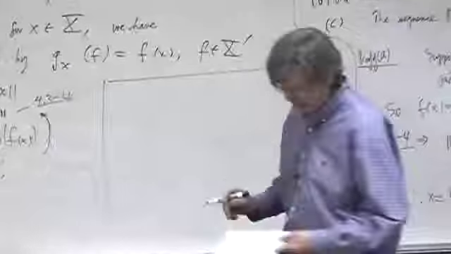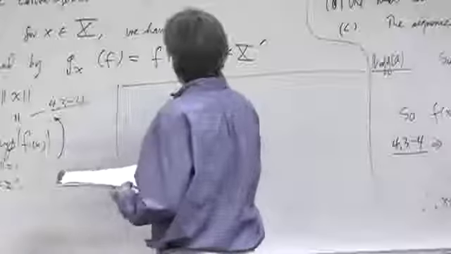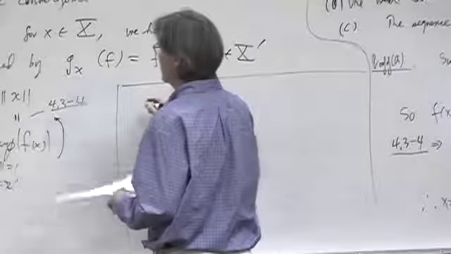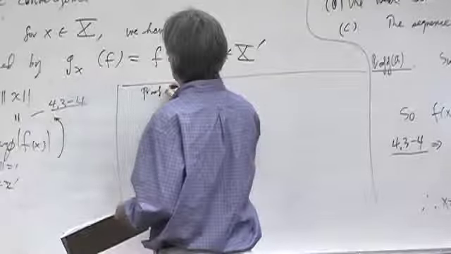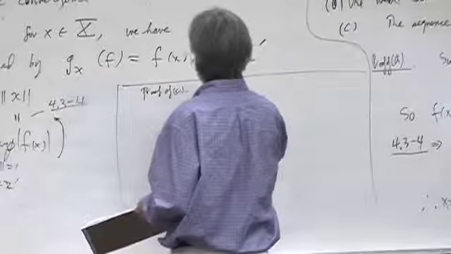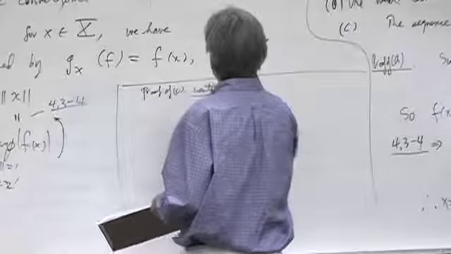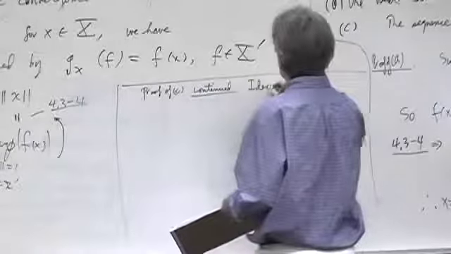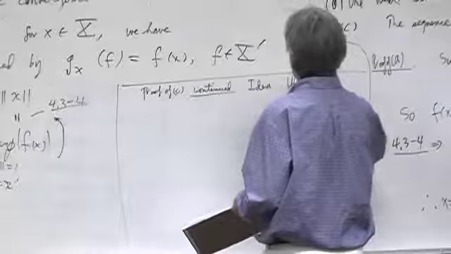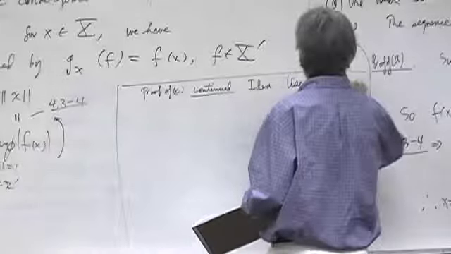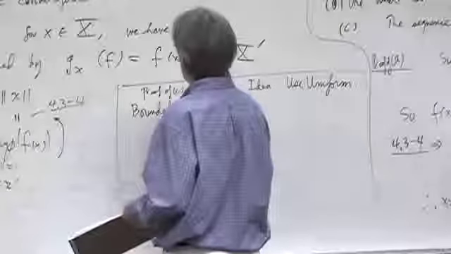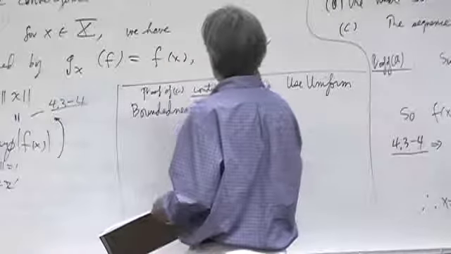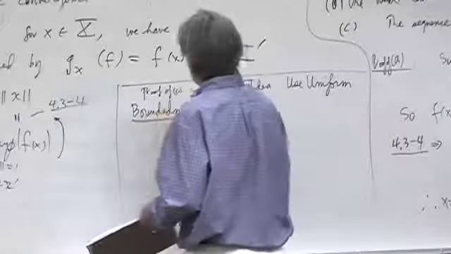Okay, so for proof of C, proof of C continued. Idea: I use the uniform boundedness theorem, which we proved last time. What does that require? It requires a Banach space.